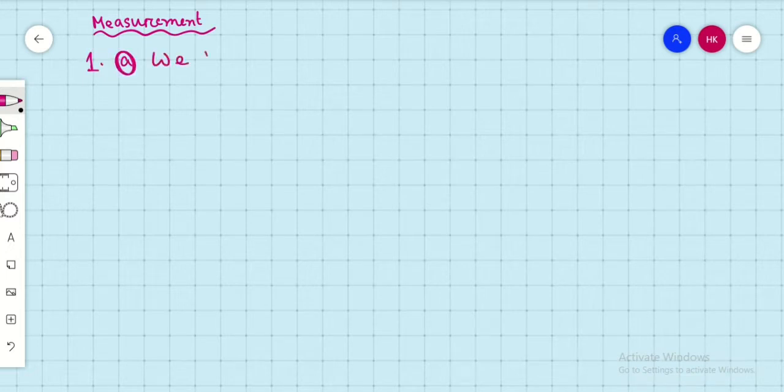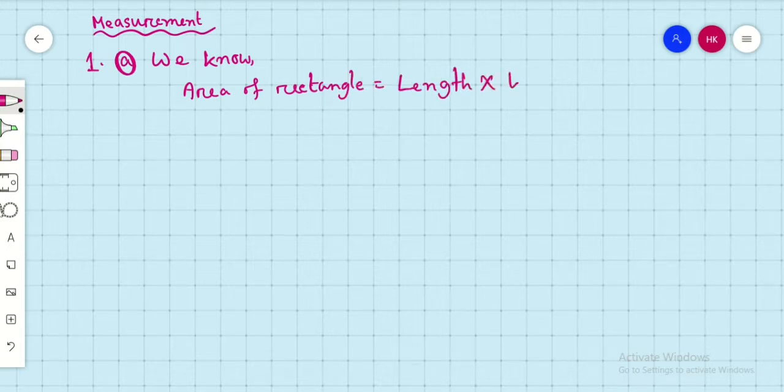We just write a formula. We know area of rectangle equal to length times width square unit.